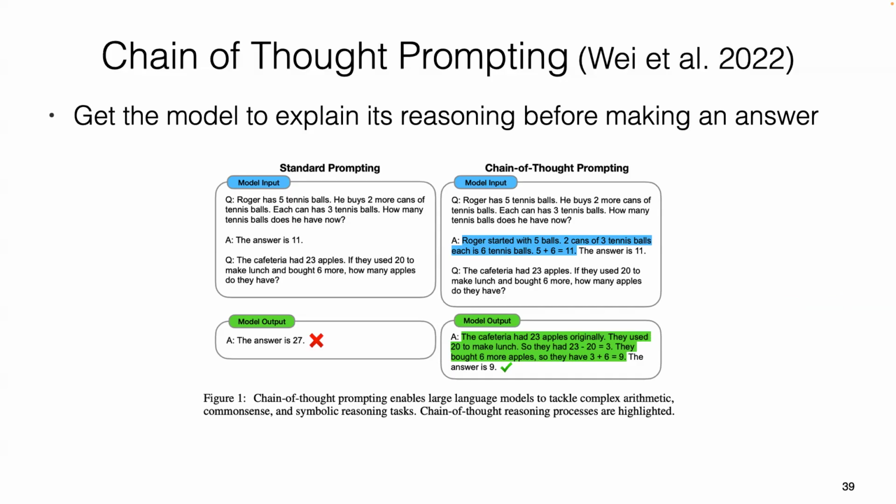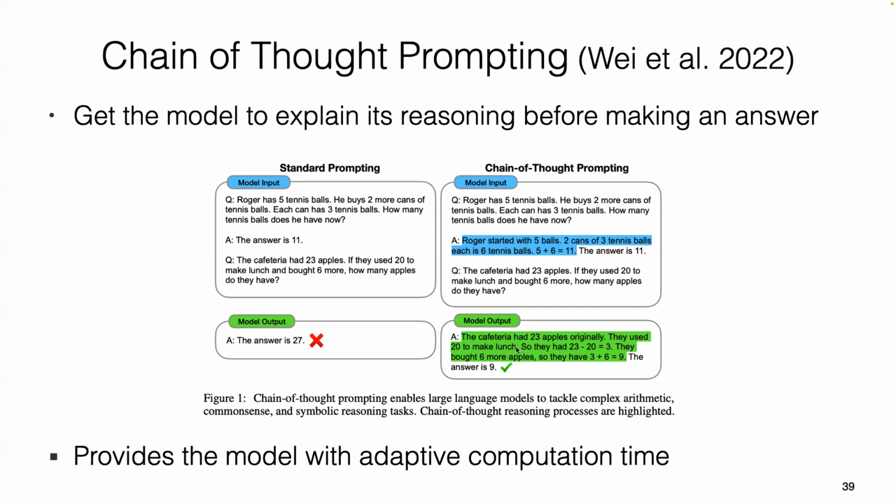But there's been work that's shown that what chain of thought does, even just intuitively, is give the model this kind of adaptive computation time. When you think about it, if the model is going to compute the answer to this problem, it has to do a single forward pass through a transformer.